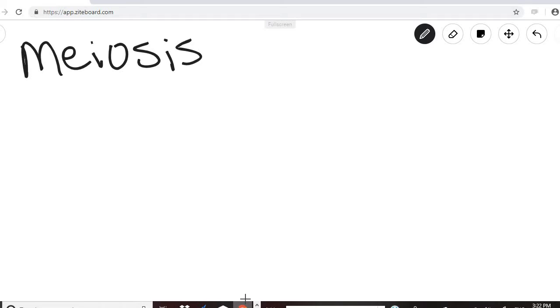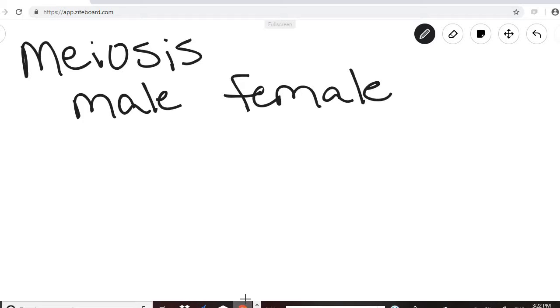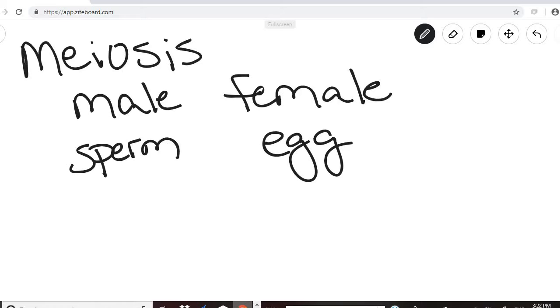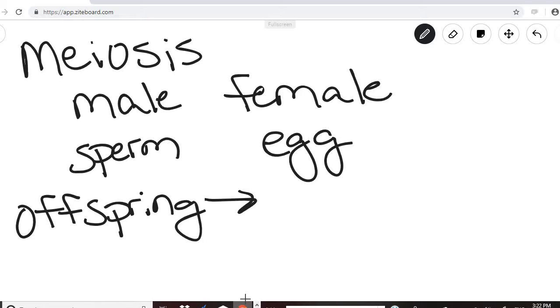So for meiosis, you need to have a male and a female. In a male, the cell is called a sperm. In a female, it is called an egg. And the offspring have characteristics of each of the parents.